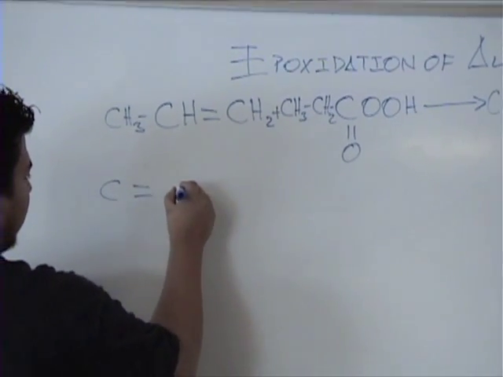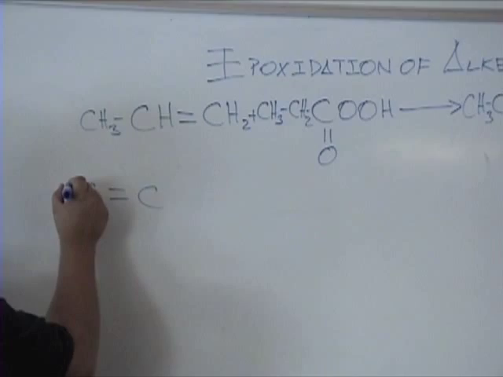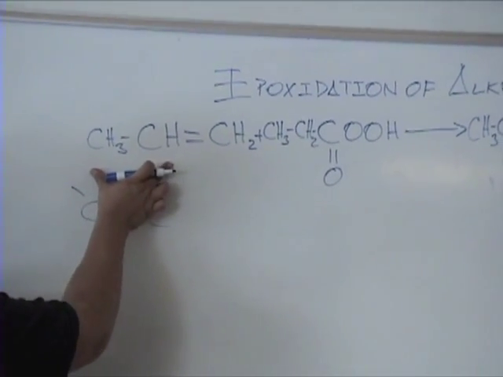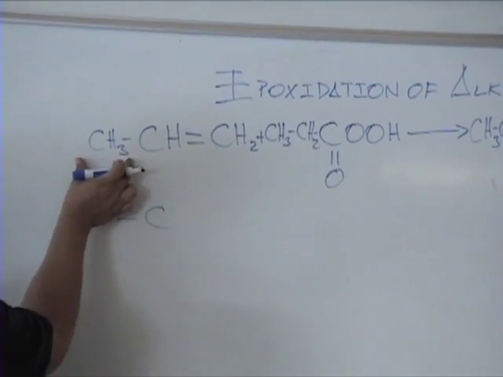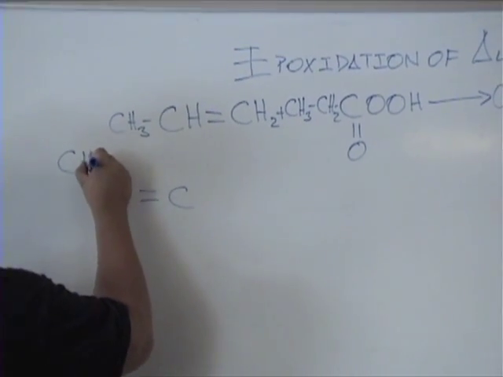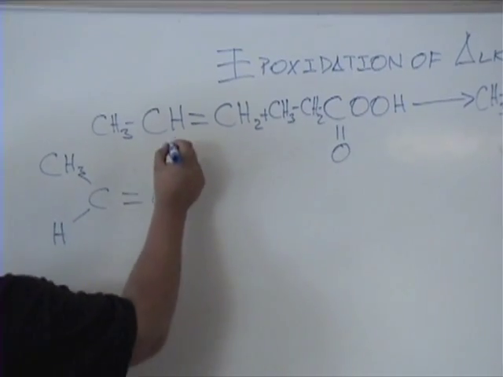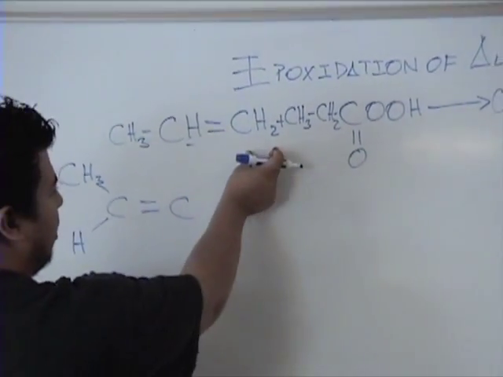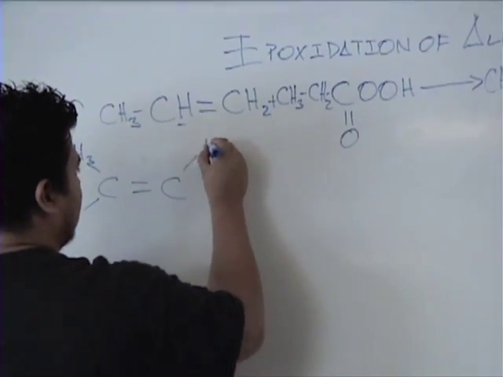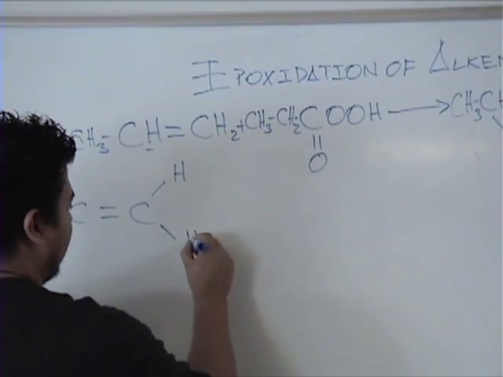So there it is. Then on the top, I'm going to write my R group, which is a CH3. Then on the bottom, I'm going to draw my H, this H right here. Then this carbon has two H's, so I write them like this.